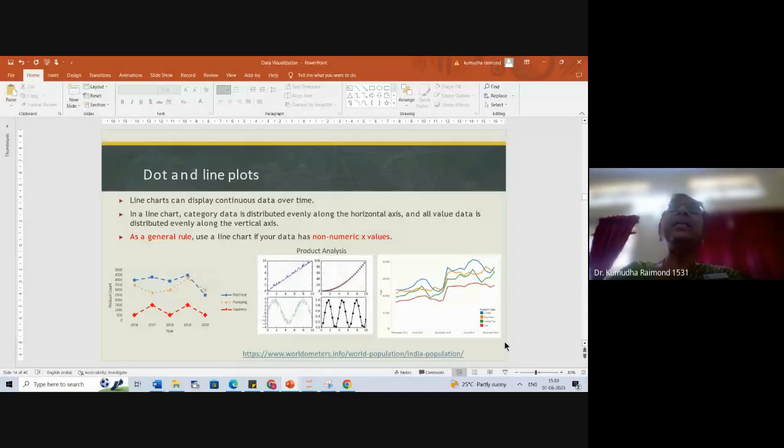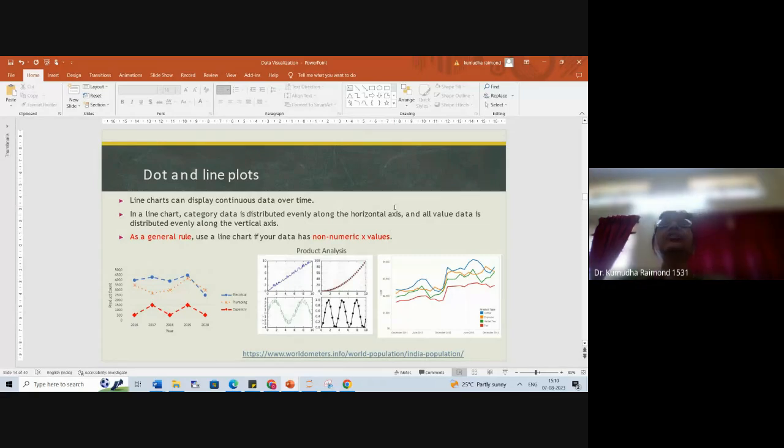For example, the male and the female names go into your x-axis, over here. The number of male and the number of female, that is the value, the count, goes into your y-axis. So that is what your dot and line plot corresponds to.